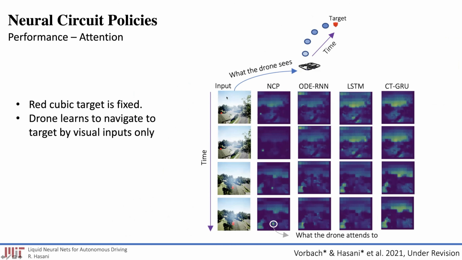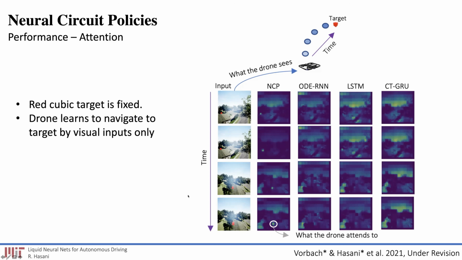And again, without a prior, if we look into the attention mechanism of different neural networks, we see that the NCPs are the only ones that, from visual data, learn where to look, which is this red cube over there in the environment. This is the attention of the network for different time instances as the navigation in 3D happens.